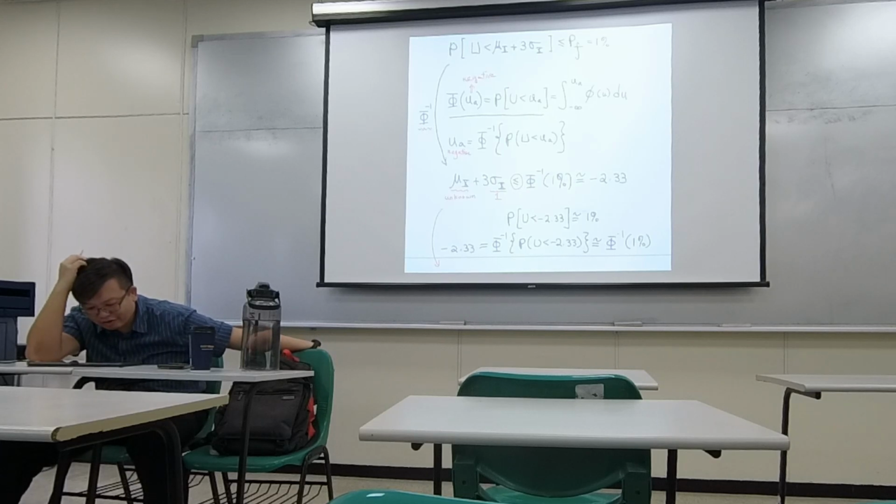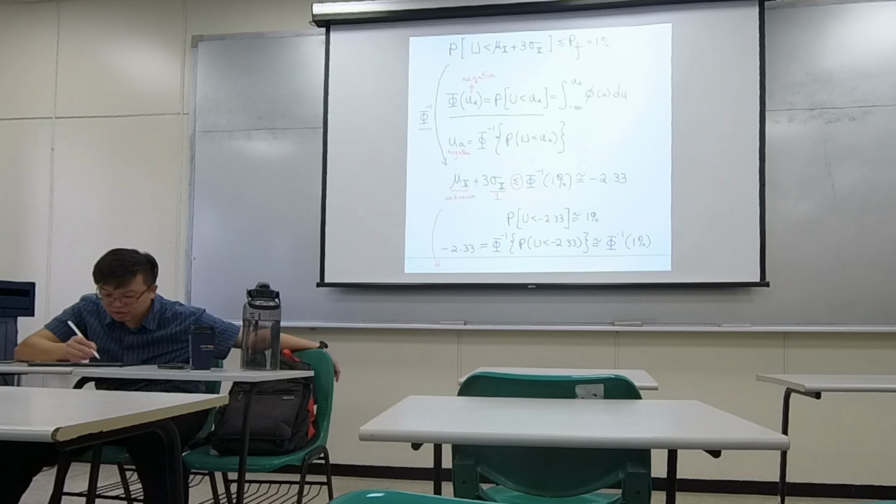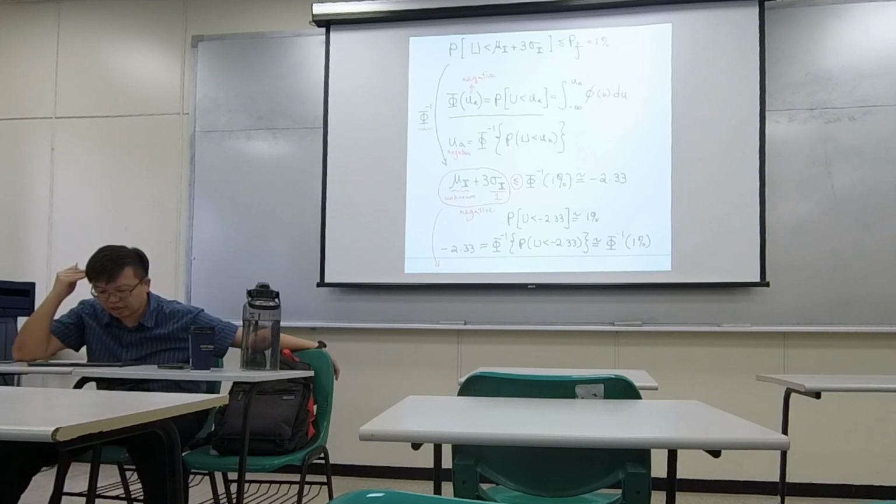Smaller than. Probability of. So this is a negative value. This is a negative value.